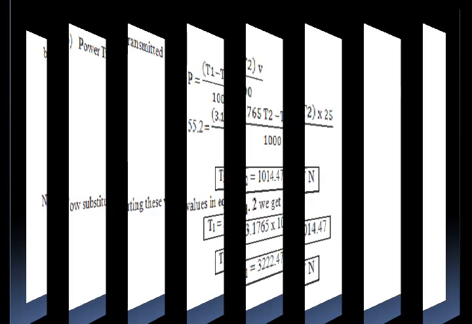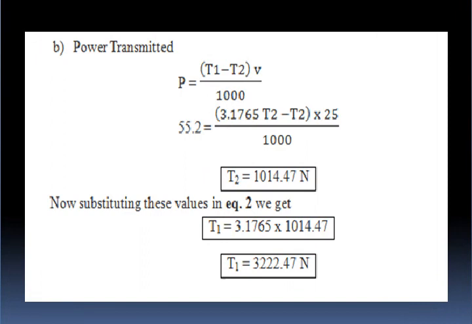So power is substituted in kilowatts, that is the power value given, 55.2 kilowatt. So you need to substitute 55.2 is equal to, in numerator, 3.1765 T2 minus T2, into 25, divided by 1000. Therefore we are getting the value T2 is equal to 1014.47 Newton. This is the required answer, that is T2.